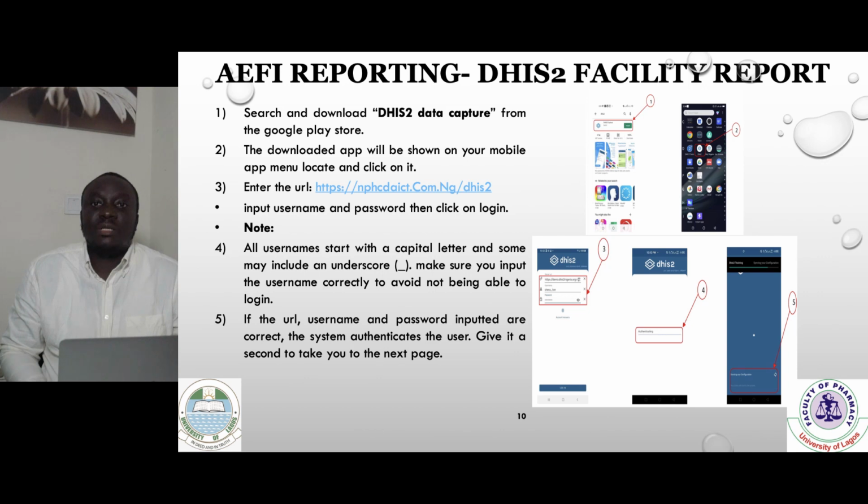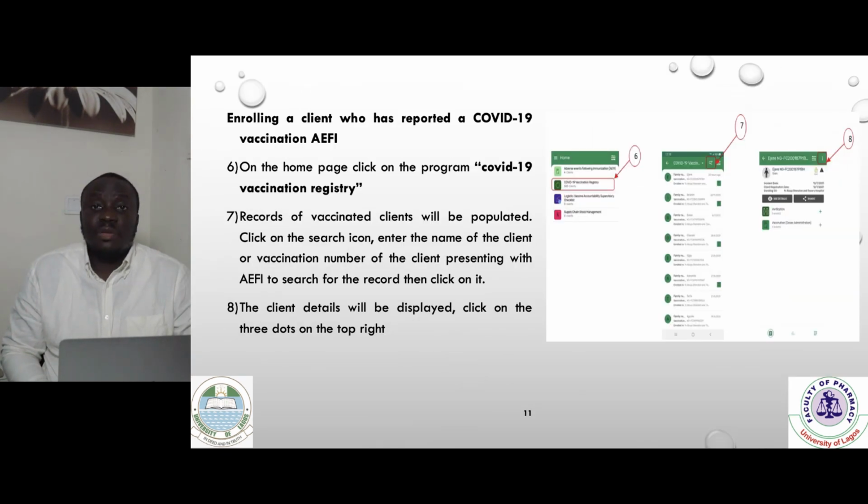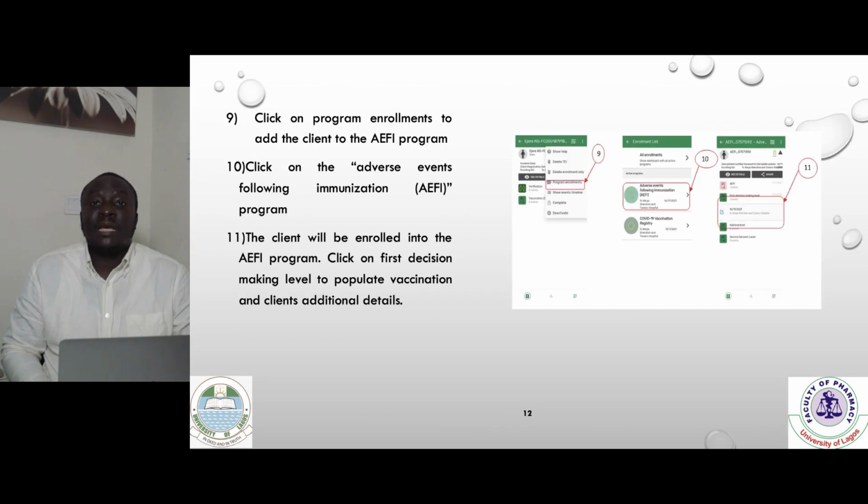When you enter this, you will be logged into the user system where you can start creating a report. Importantly, for COVID-19 vaccines, you need to click the part that says COVID-19 vaccination registry. It's on that part that you will create information about COVID-19 vaccination, AEFIs.